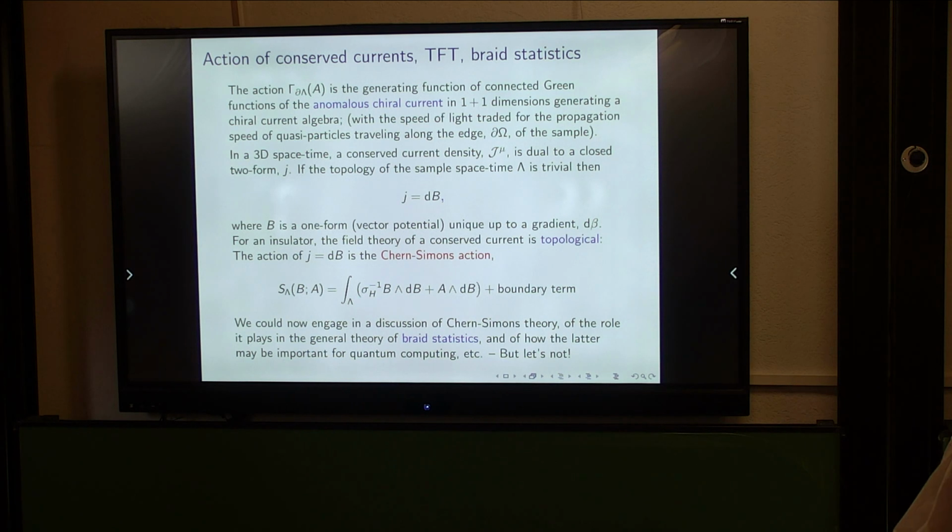Then you just ask, well, what kind of action functionals can you have? This is an ansatz, and we will see that this ansatz reproduces the effective action as a function of the external vector potential. The locality comes from the fact that the system is in an insulating state. So you can now ask which action for the current vector potential reproduces the right effective action.